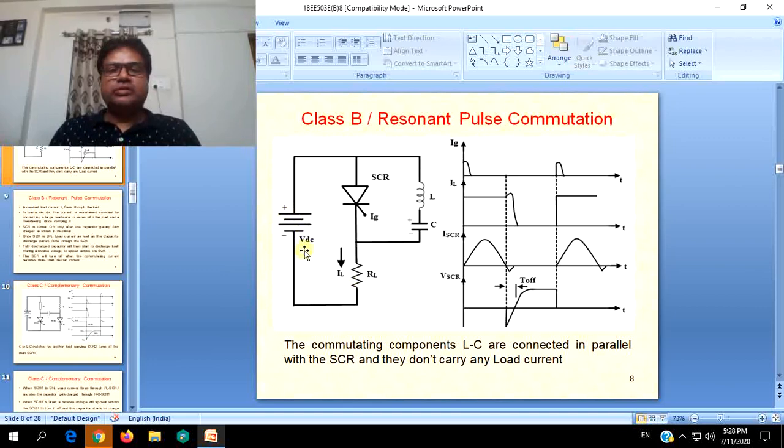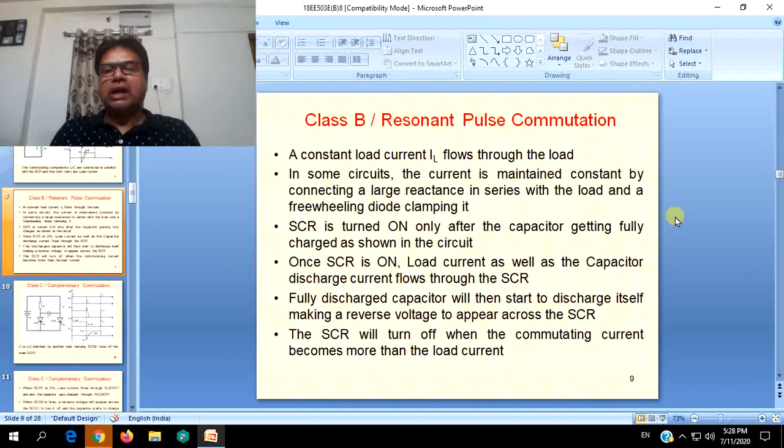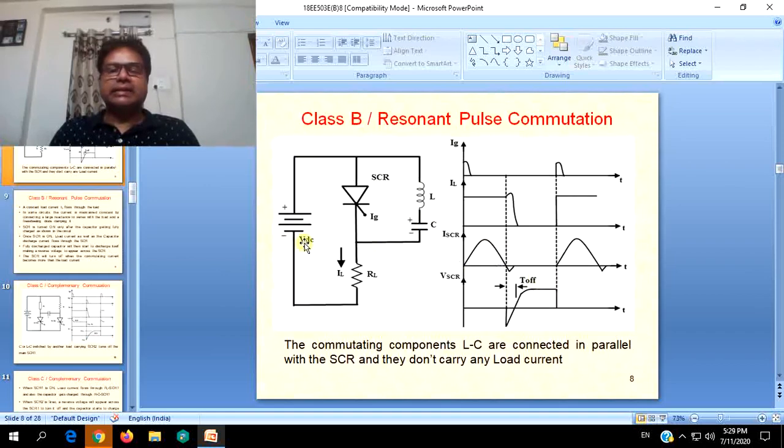So go back to our discussion. When the source is on and the SCR is off, the capacitor charges to its full voltage. Then when the SCR is turned on, the load current flows via the SCR through IL. This being the positive terminal of the source, anode, load current flows like this.